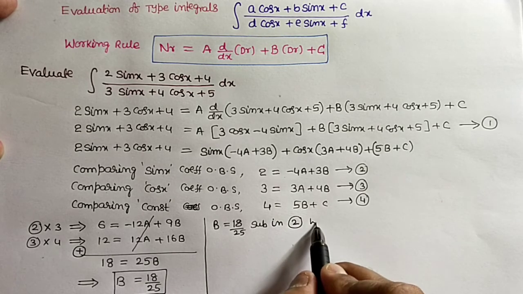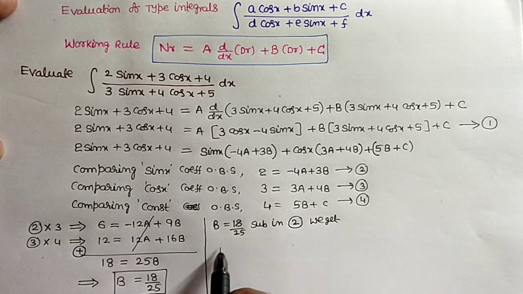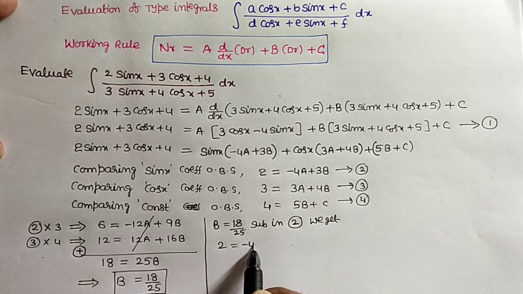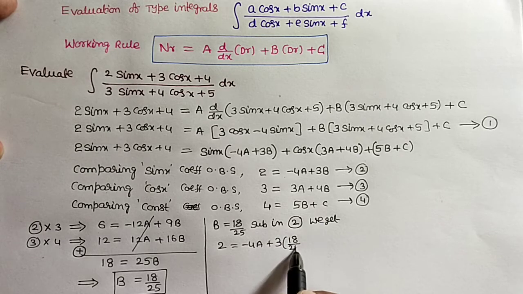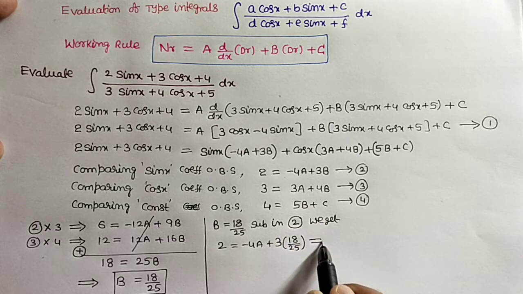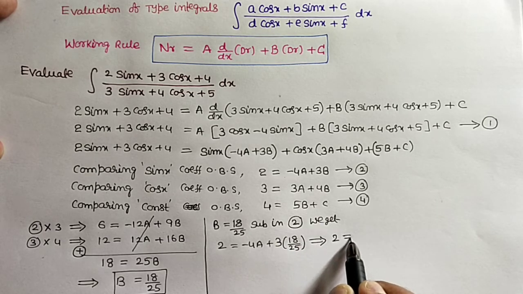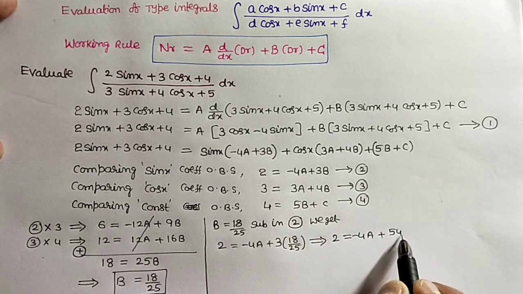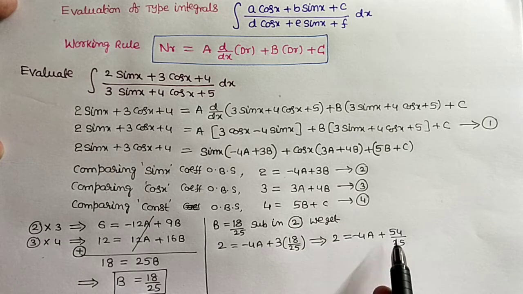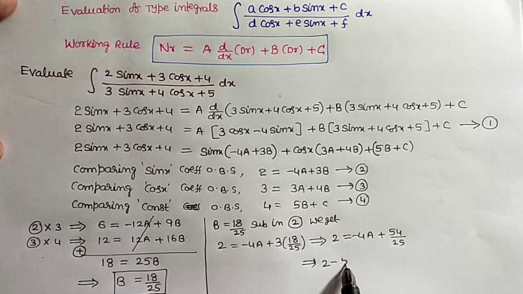We get 2 equal to minus 4a plus 3 into 18 by 25. That implies 2 equal to minus 4a plus 54 divided by 25. 54 by 25 I am taking this side. It implies that 2 minus 54 divided by 25 equal to minus 4a.